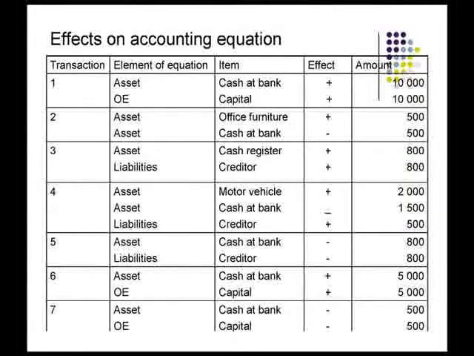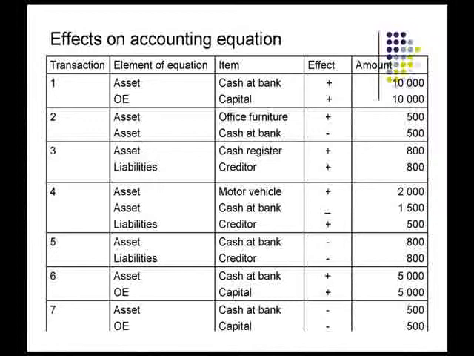In the second transaction, the owner purchased office furniture, paying 500 kina. The office furniture is also an asset, as you have learned earlier. So then office furniture will increase by 500.